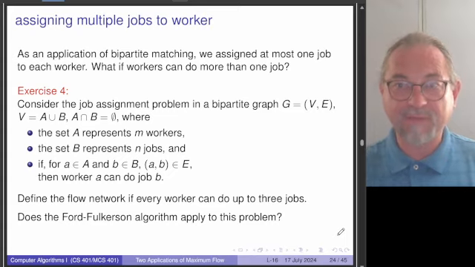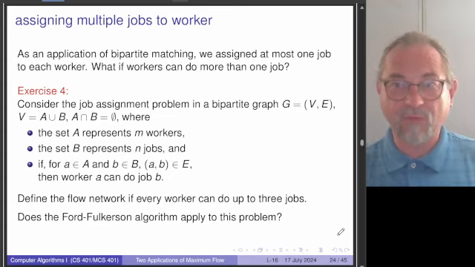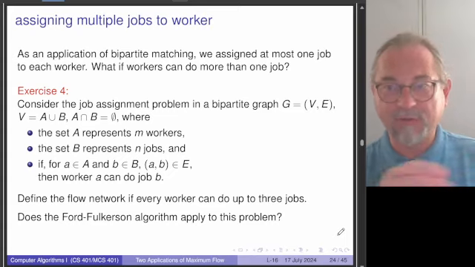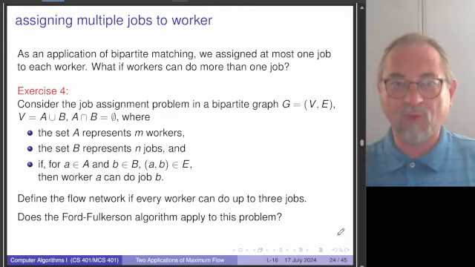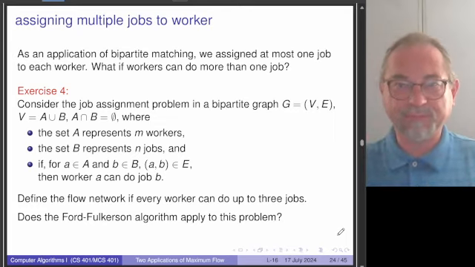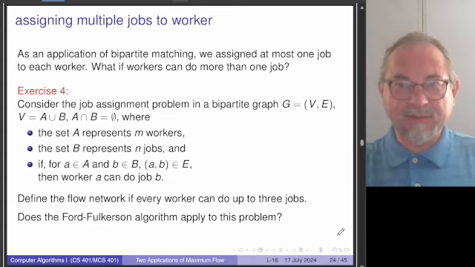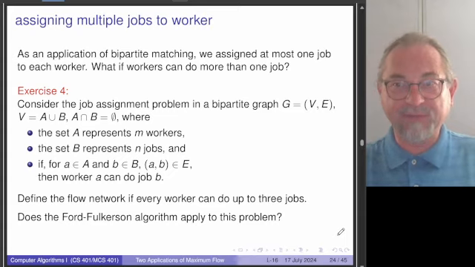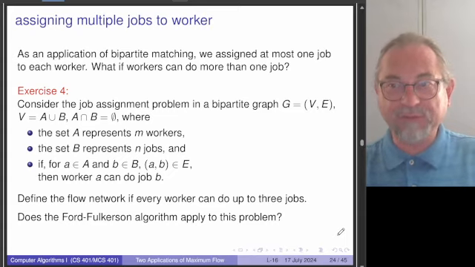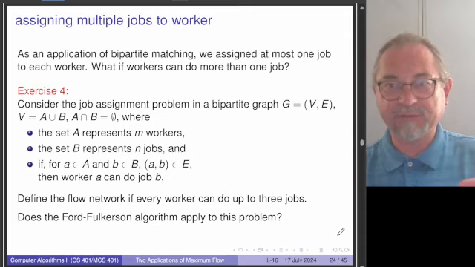You would still have 1 for all the connections. So every worker spends 1 unit of flow to do a job. And since there are more jobs than workers, everything that leaves the source would still be accounted for.